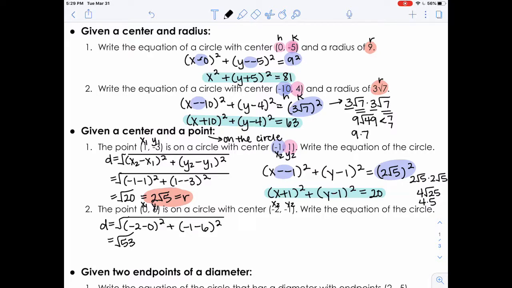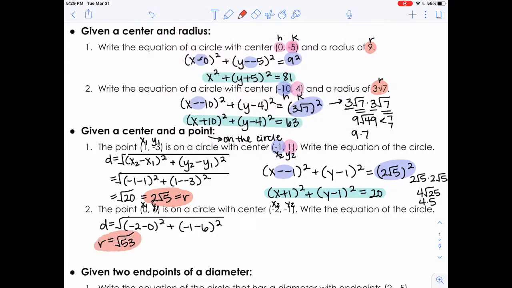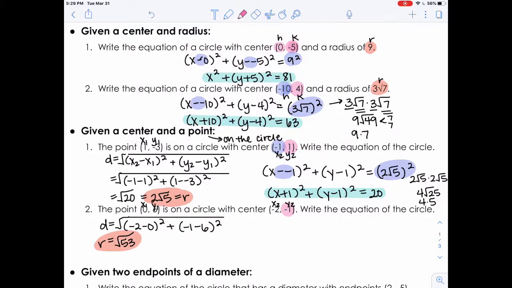Remember, this is our radius, so we are going to use this in our formula. And our center point was -2, -1. So let's use those and write out our equation. So we get x minus -2 squared plus y minus -1 squared equal to the root of 53 squared.